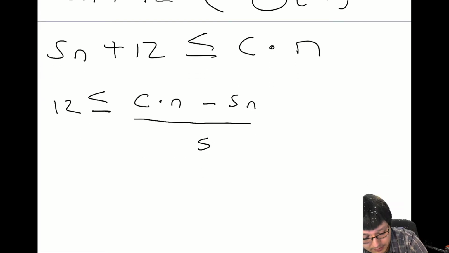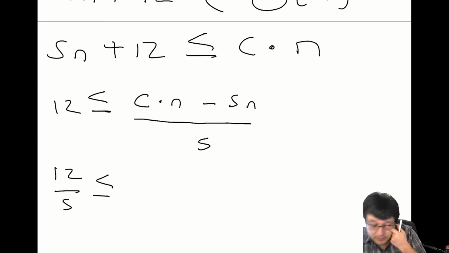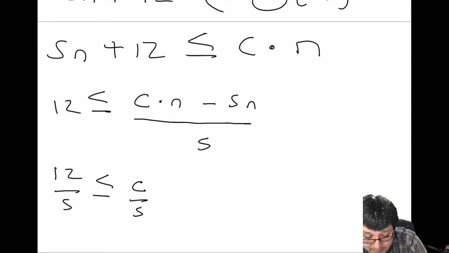So here we got 12 divided by 5 is less than or equal to... a constant divided by a number is just going to be some constant again. So we don't really need to worry too much about it, but I'm going to leave it here just to be safe, because it's been a while since I've done math, so might as well not screw things up. I do believe that you can just ignore it, but still.